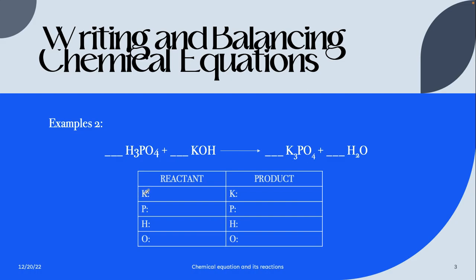If we take a look at the potassium, there's only 1 potassium. Phosphorus, there's only 1 phosphorus. Hydrogen, there is 3 and 1 here, 4. And on the oxygen, there is 4 and 1, making it 5.